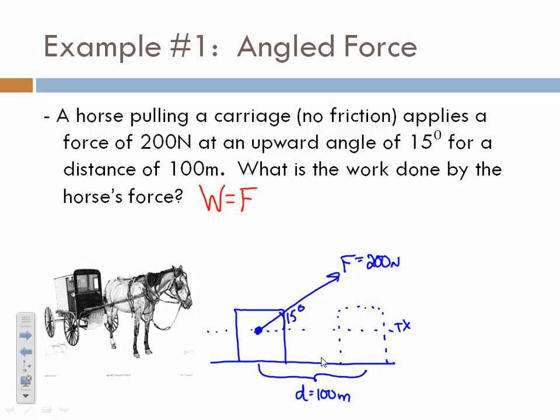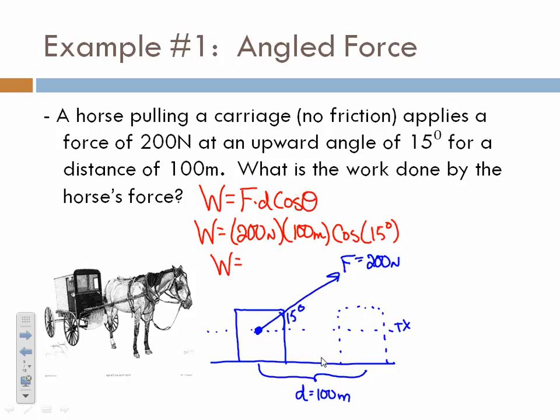So we're going to use F d cosine theta. All right, so our force is 200 newtons. All right, we have our distance of 100 meters. And then we have the cosine of our angle, which in this case is 15 degrees. All right. And when we calculate this, we're going to get what seems like a really absurd number.